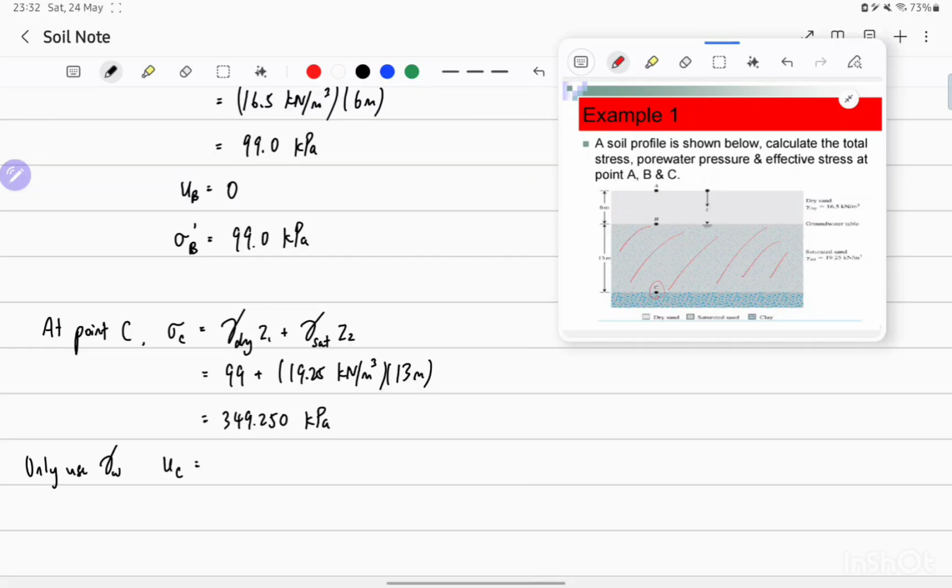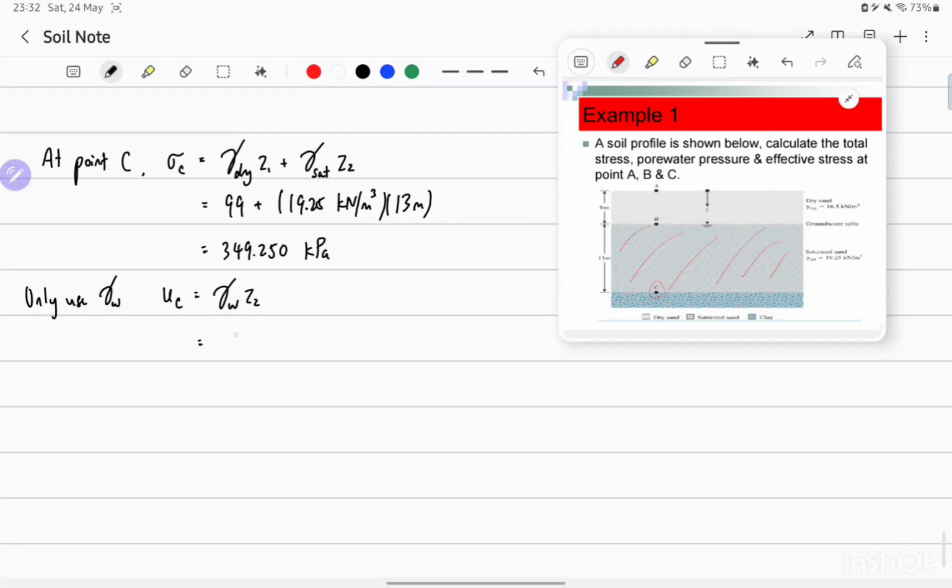So it will be 13 meters, so the unit weight of water times Z2. The unit weight of water is 9.81 times 13. Oops.